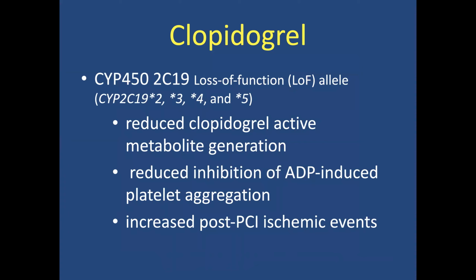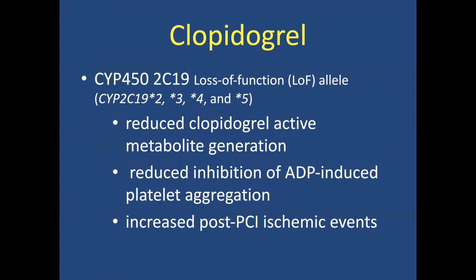So clopidogrel is a prodrug, and so must be converted to the active metabolite through the liver in the CYP450 system with part of 2C19. So everyone has two 2C19 alleles for the conversion of clopidogrel into the active metabolite.